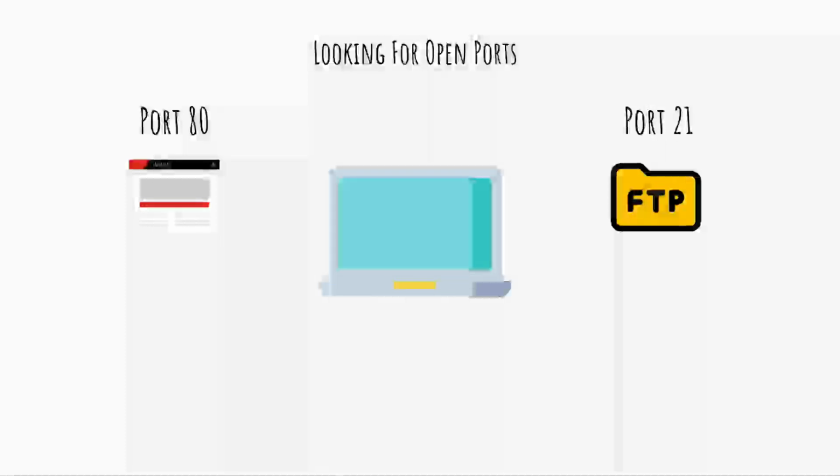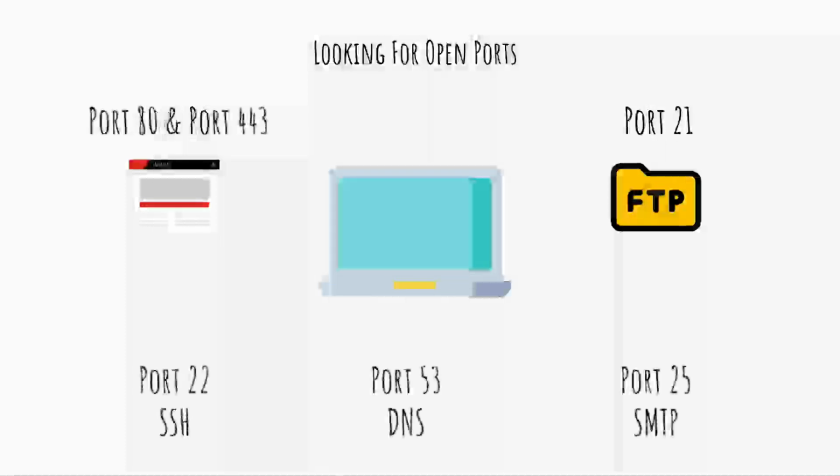You could, for example, have port 22 open, which is the SSH port, or secure shell port. It is used to log into the target machine and execute commands on it remotely. We could also have, for example, port 53 open, which is the DNS port, or we could have port 25 open, which is the SMTP port. So there are a lot of ports.